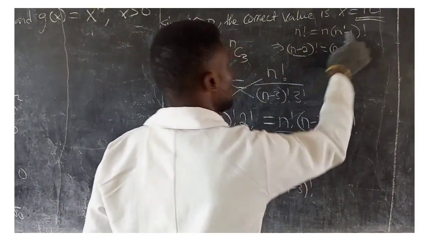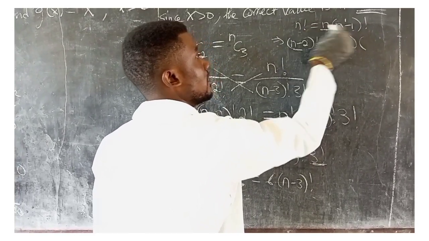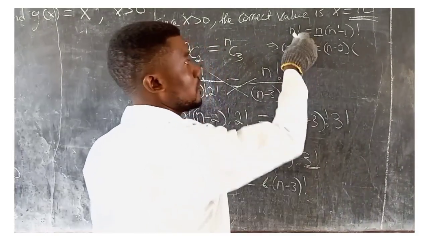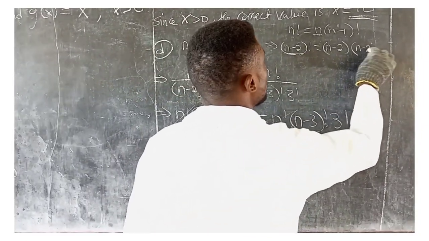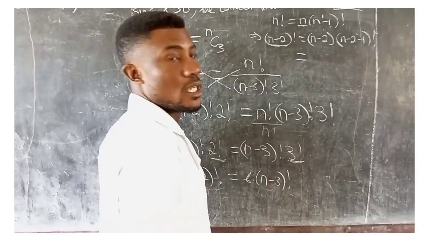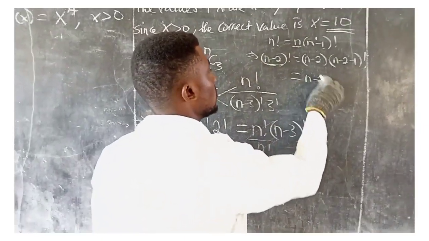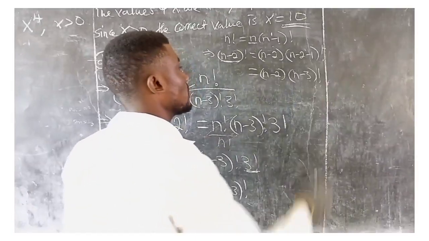And then I now subtract 1, just like here. When you copy your n, the next value you subtract 1. So I'm going to subtract 1 here. I have n minus 2 minus 1 factorial. It is going to give me n minus 2 into n minus 3 factorial.